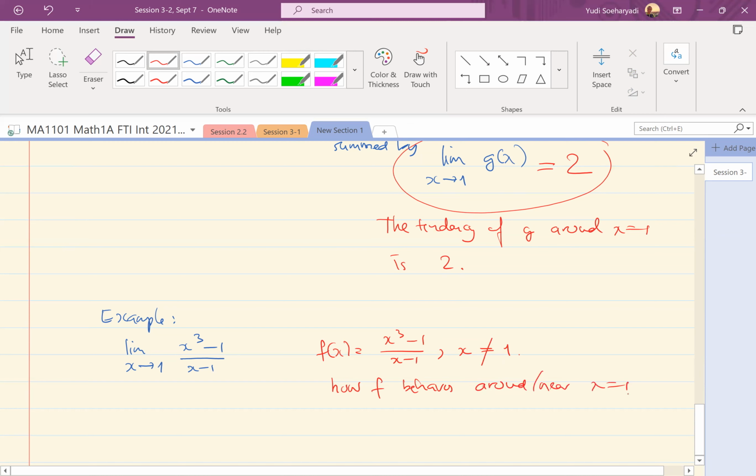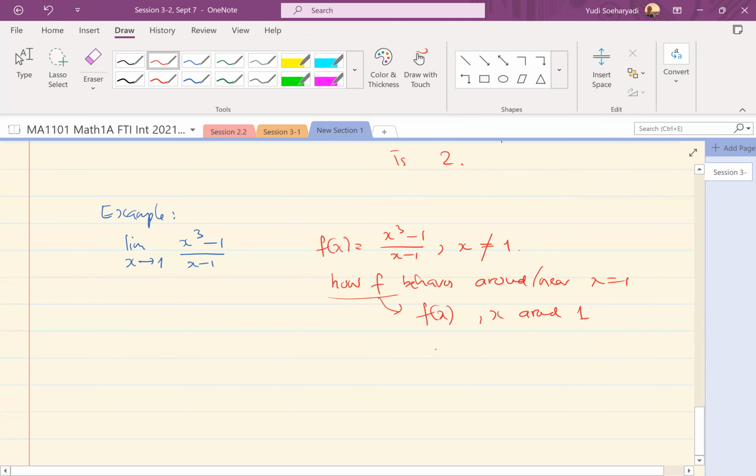Okay, so we compute the values of f(x) for x around 1, and we ask where it is near to. Okay.